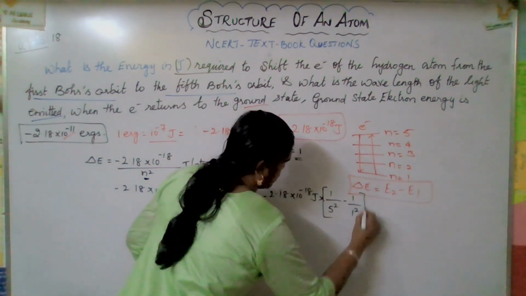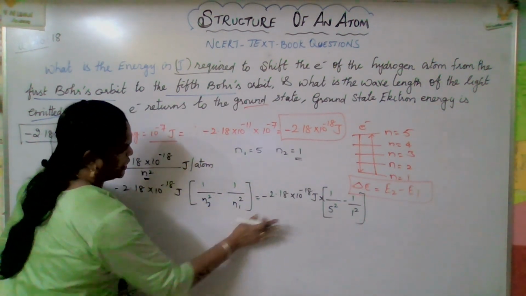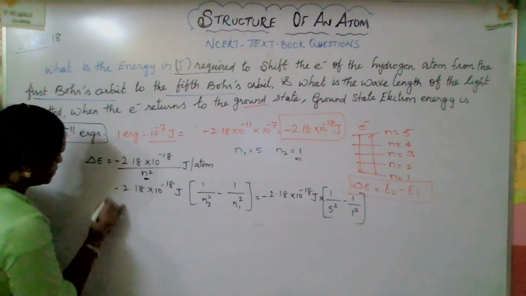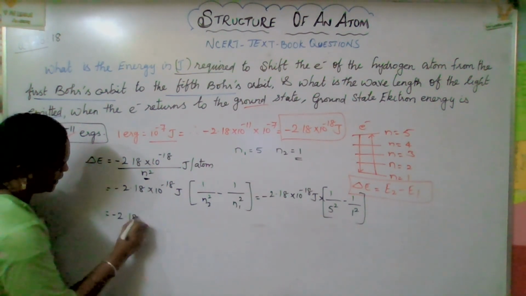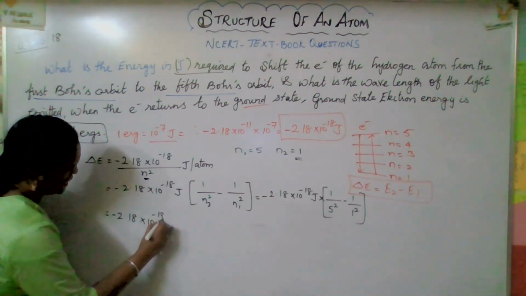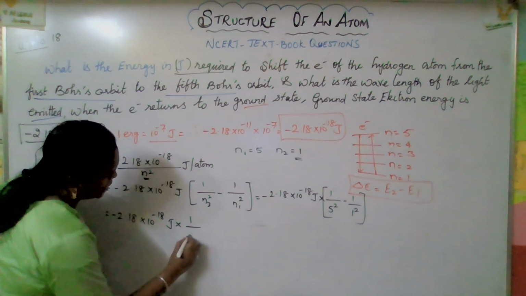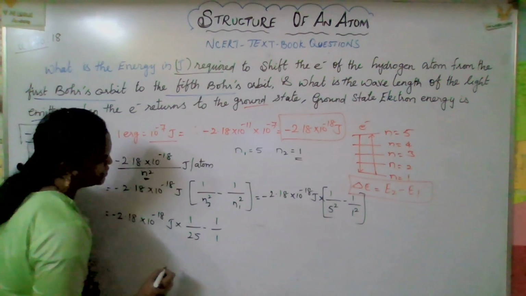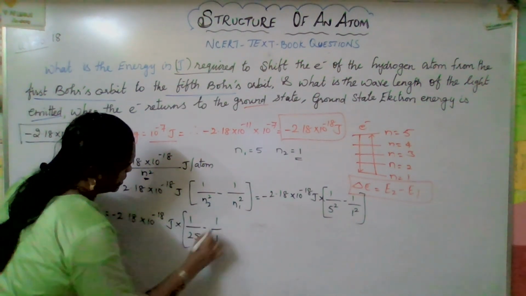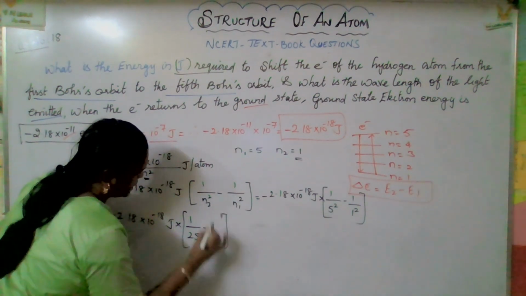Okay, now calculate this. So I just write it here: minus 2.18 into 10 to the power of minus 18 joule into 1 by 25 minus 1 by 1. So 1 by 1 equal to 1 only, we can put it, minus 1.